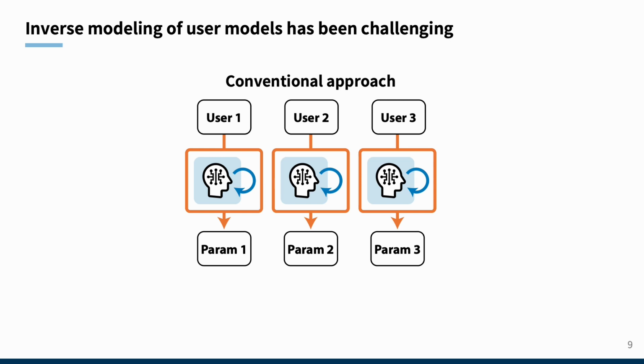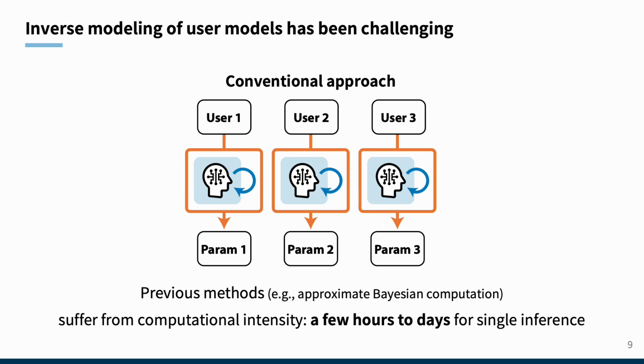The main problem with the previous method is that simulation is time-consuming and it requires a complete estimation process to infer for every new observation. Therefore, inference with simulation models often took several hours or even days for single observations.